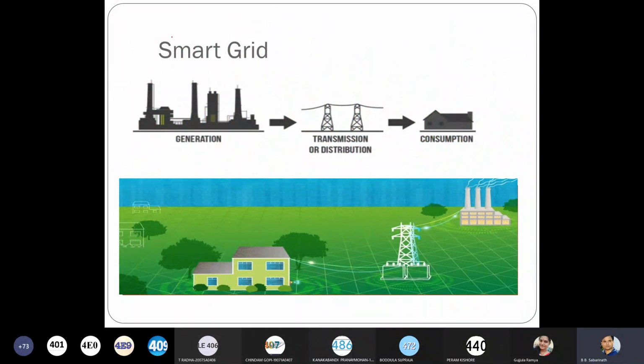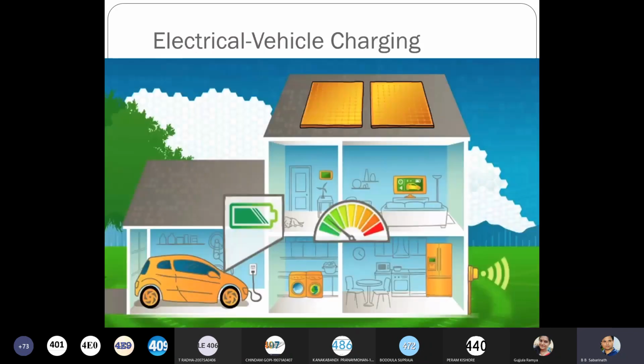Now the normal electricity infrastructure we have, with the help of IoT they can have the smart grid, so you can optimally utilize the power. This is a high level concept, smart grid and electric vehicle charging, right?